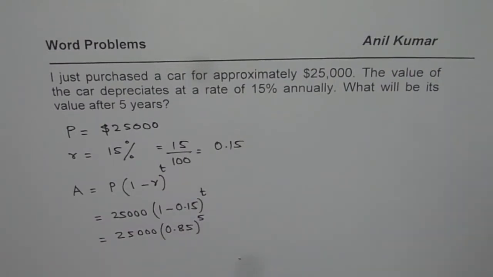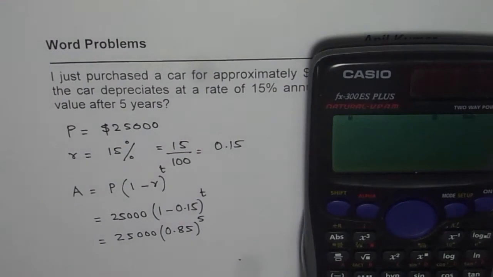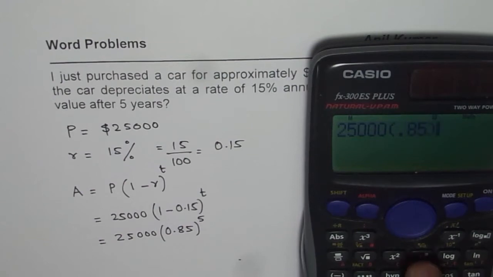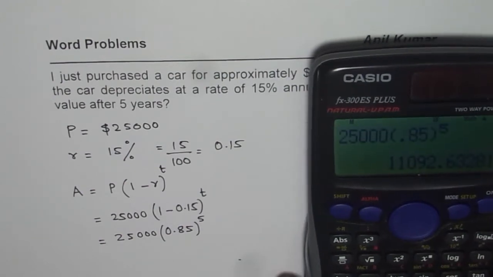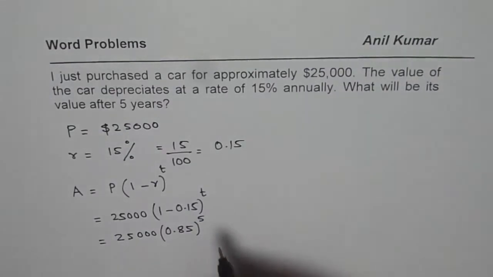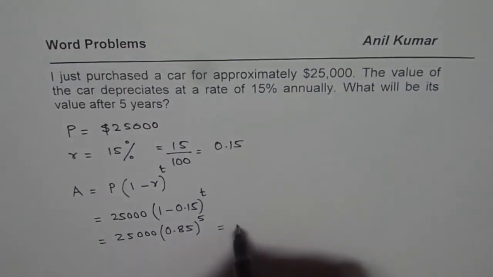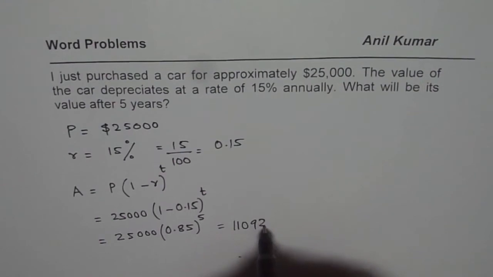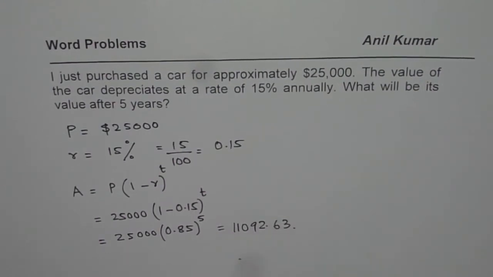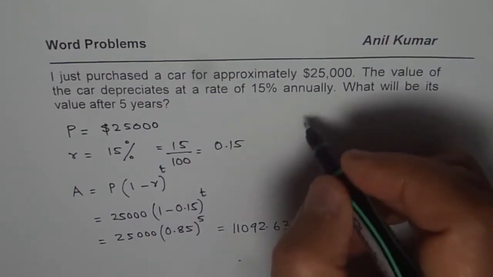So we can use the calculator and find the answer. We get 25,000 times, within brackets, 0.85 exponent 5 equals 11092.63. So we get our answer as $11092.63.